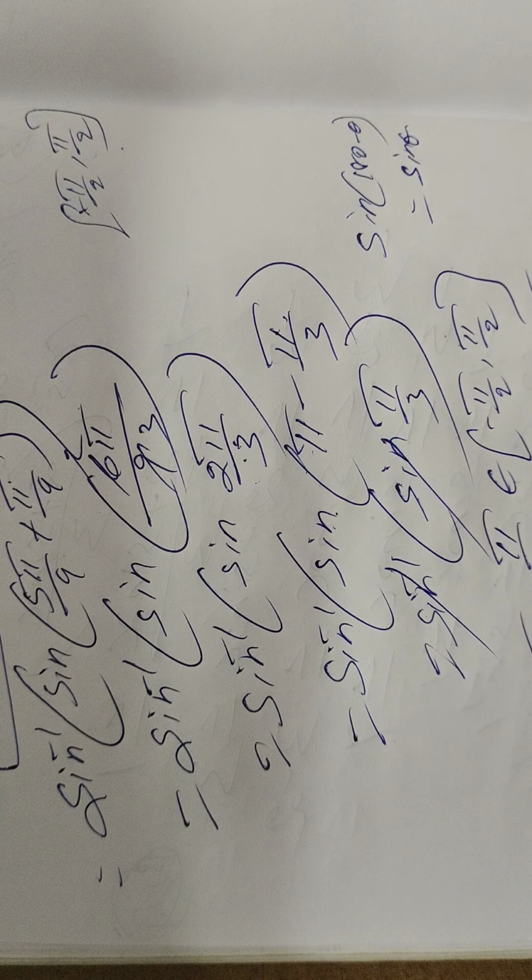And the sixth question, one more question we can see. Find the value of cos inverse of (cos pi by 7 into cos pi by 17 minus sin pi by 7 into sin pi by 17).